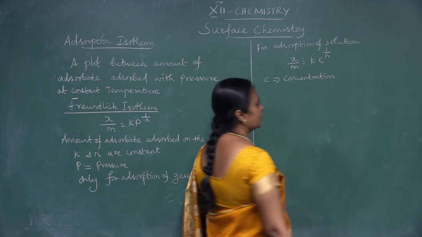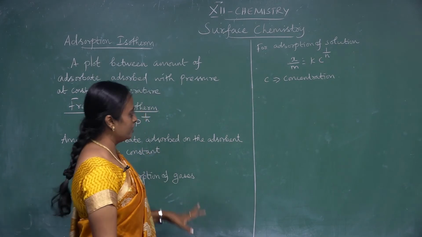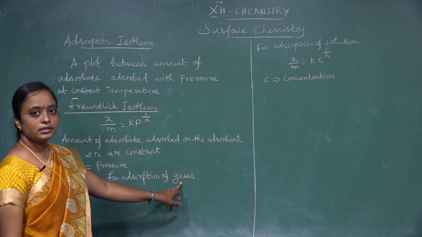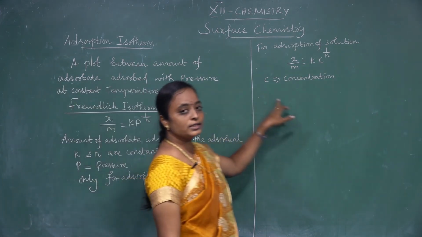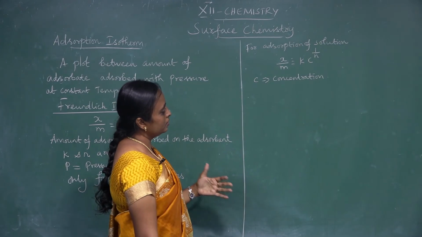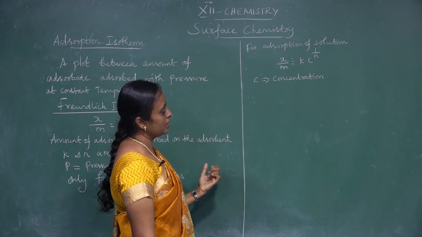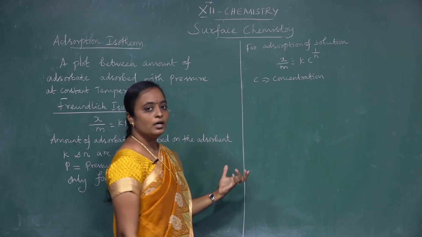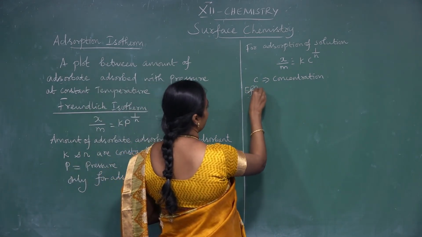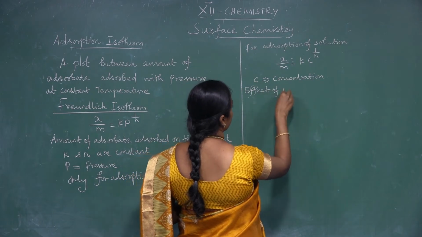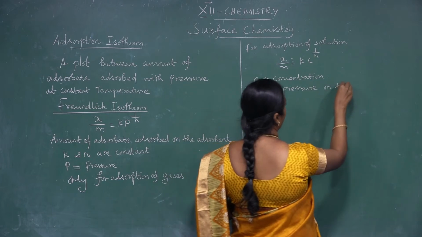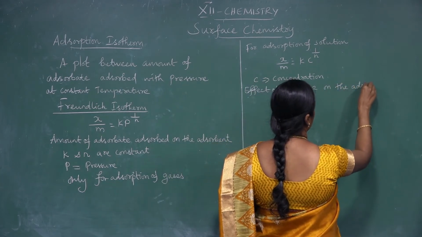So there are two types of formulas we have used. One is based on gases, and another is for a solution adsorbed on the adsorbent. In the same way, this Freundlich isotherm gives the effect of pressure on the adsorbate.